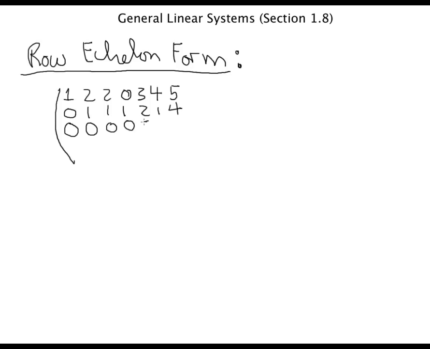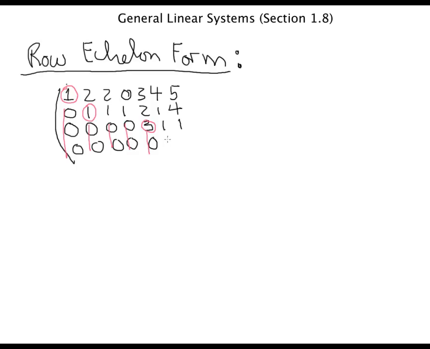So an example would be this. And then every time you have a 0, these things are called the pivots, just as in the non-singular case. The first non-zero entry in a row is called the pivot, and just like before, everything below the pivot has to be zeros, and everything here also has to be zeros, everything here.